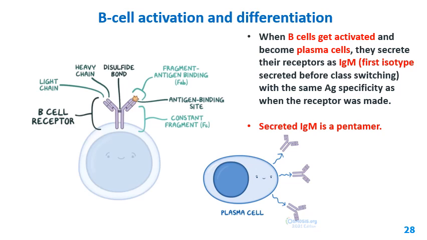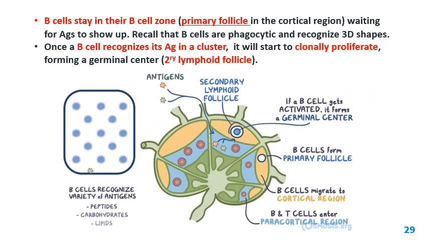Let's see what happens here. B cells also are going to need two signals, not only the signal to the B cell receptor. When your B cell is going to get activated, remember where it's sitting in your lymph node: it is sitting in the B zone.